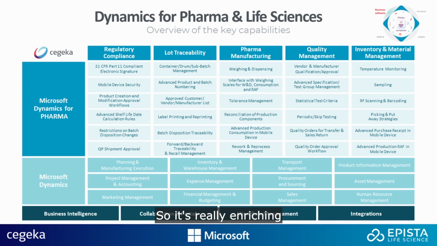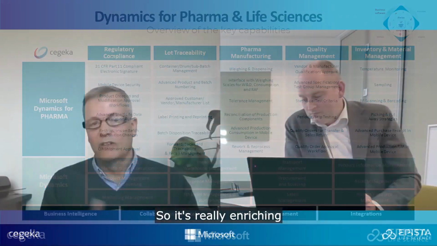So it's really enriching the standard Dynamics 365 with industry-specific functionality, which doesn't mean that this functionality was not already in place in standard Dynamics 365, but we took it a step further.